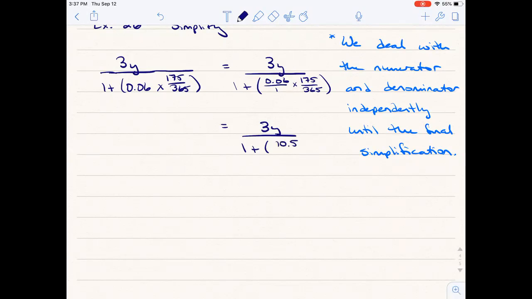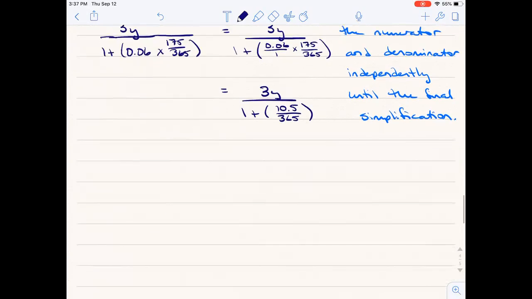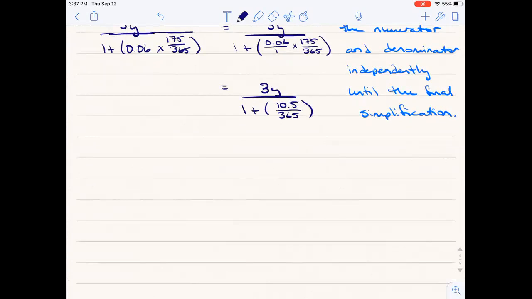I get 10.5 over 1 times 365. I can do that in my head. I'm not bragging or anything, but I can do it in my head. So now we've got 10.5.